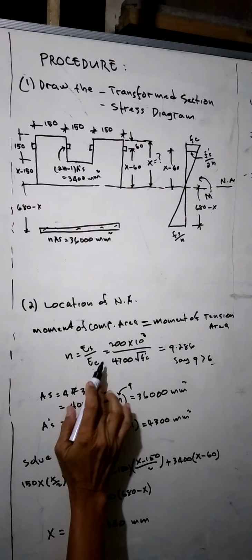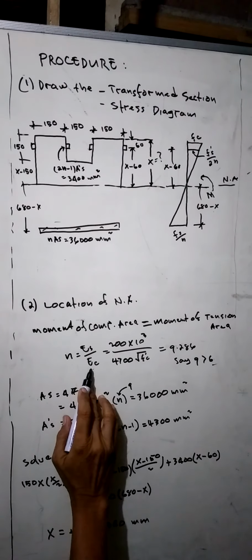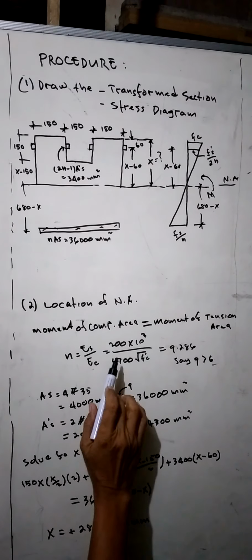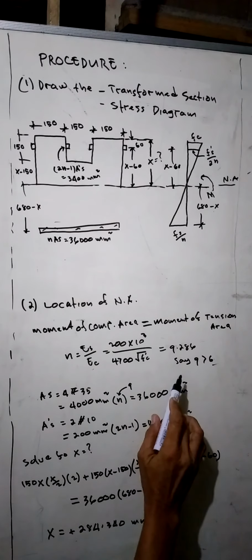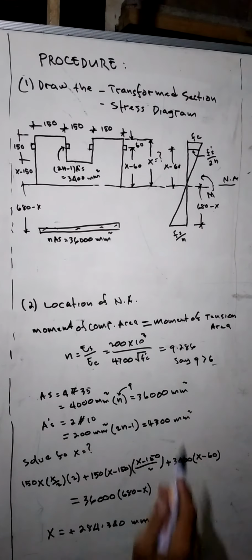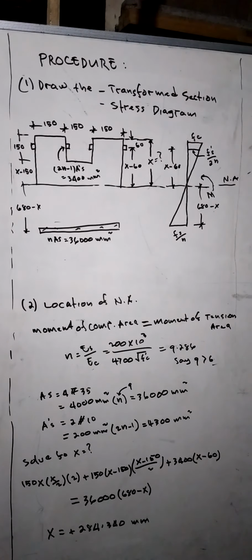This one, ES over EC, and the result is 9.286. Say 9, which is greater than the minimum value of n, which is 6.